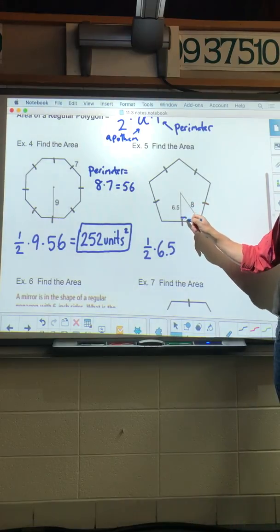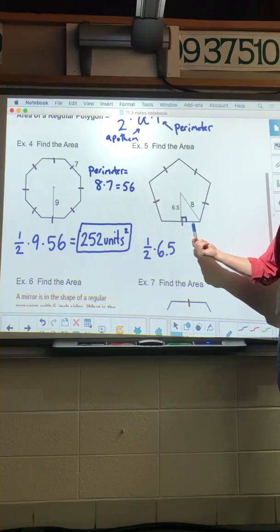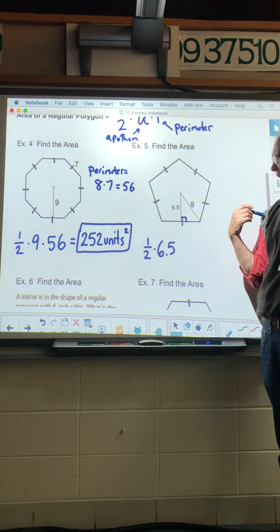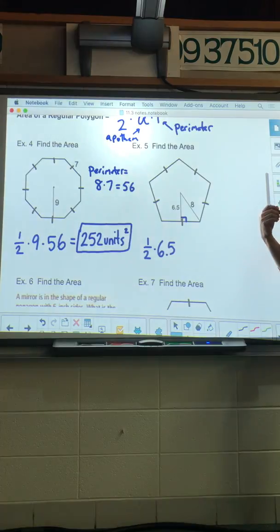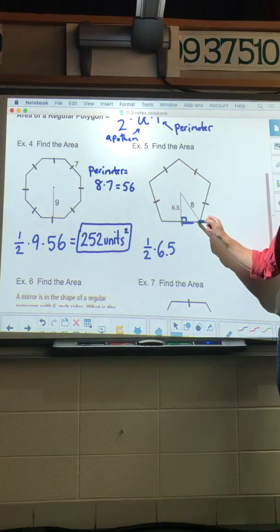And we know this is a right triangle. So what could we use to find this side of the right triangle? We know two sides, so we can use the Pythagorean theorem, right? To find this.